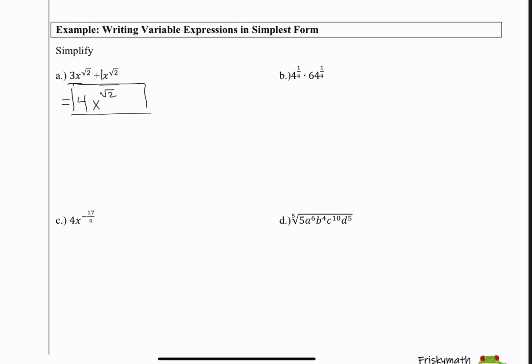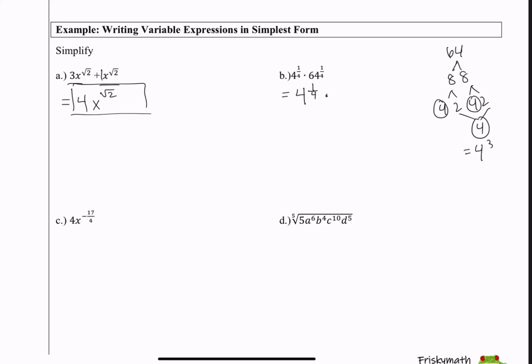All right, for B, there's a couple ways to approach this. The first way I'm going to go with is trying to get like bases, because if I have like bases that are being multiplied together, then I can just add the exponents. So let's see what that looks like. I know that 4 to the 1/4, I can also make 64 have a base of 4. And if you don't know that, use a factor tree. But 64 is 8 times 8, which is 4 times 2. I feel like we've done this before. And then these guys will give me another 4. So really, I have a base of 4 raised to the 3rd power.